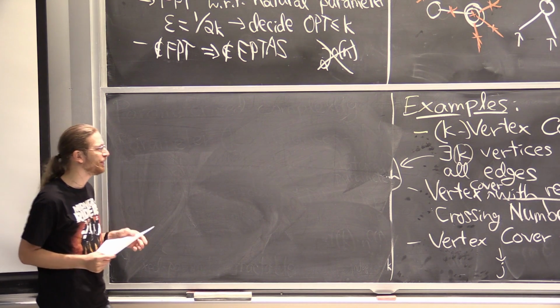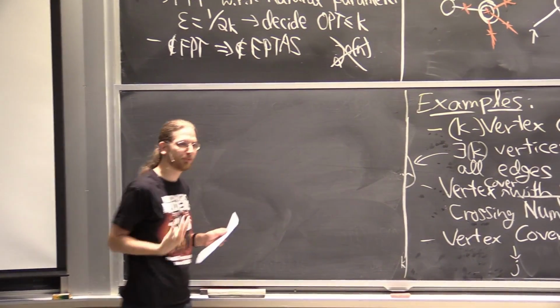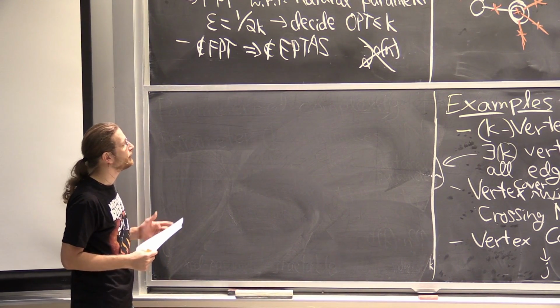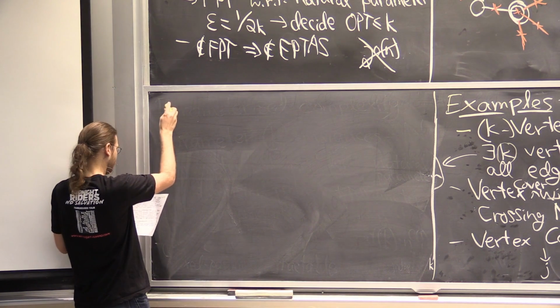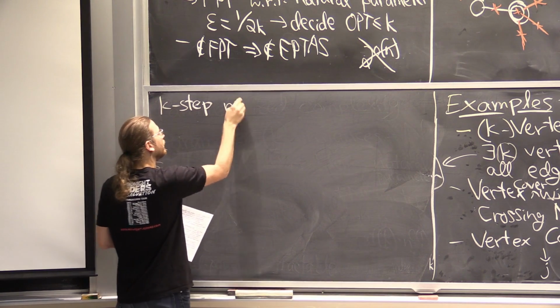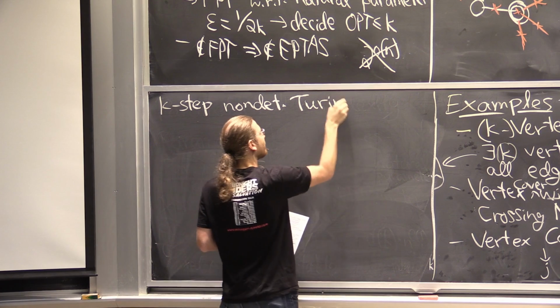I'd like to wait a little bit because the definition is not super intuitive. But here is a fairly intuitive hard problem that you should be fairly convinced is not FPT. So I'll call this k-step non-deterministic Turing machine.